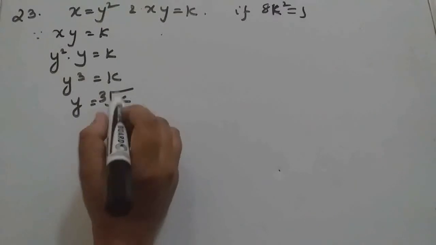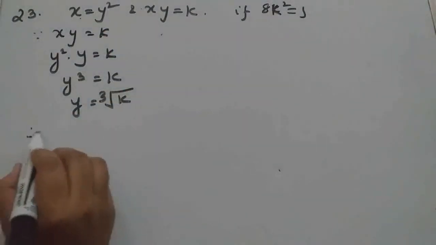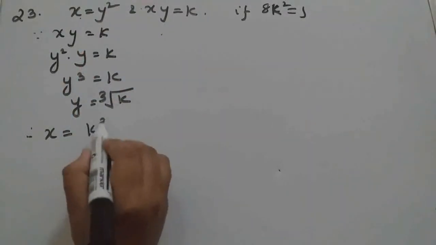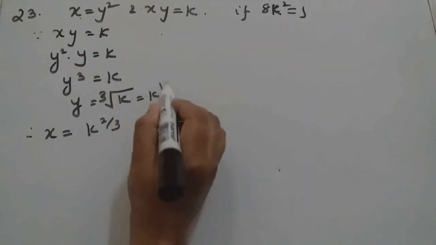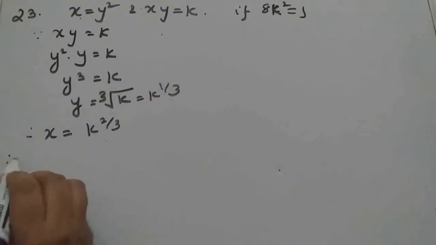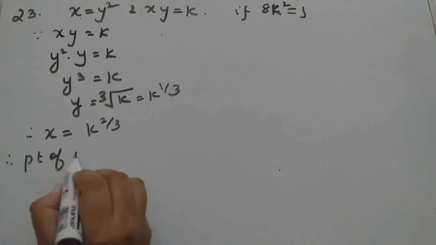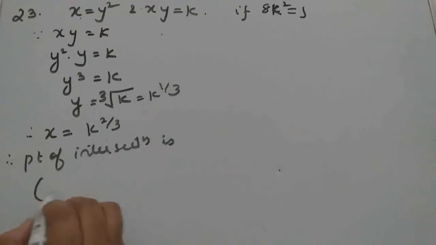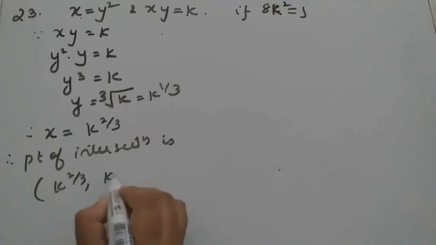If we substitute, therefore x will be what? x will be k power 2 by 3. This is k power 1 by 3. So y is square, no? So k power 2 by 3. Therefore the point of intersection is k power 2 by 3, k power 1 by 3.